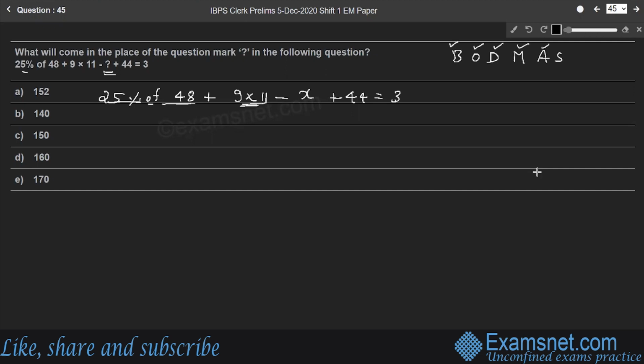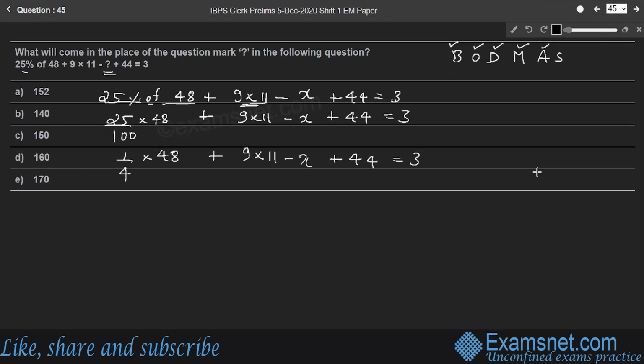25% of 48 is 25 by 100 into 48 plus 9 into 11 minus X plus 44 is equal to 3, right? 25 by 100 is 1 by 4 into 48 plus 9 into 11 minus X plus 44 is equal to 3.